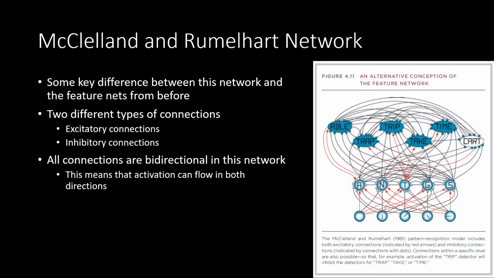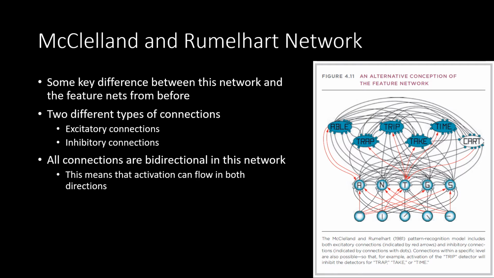An excitatory connection works much like the connections in feature nets. Here, if activation in a node reaches threshold, it passes on its activation to the nodes to which it's connected, and those nodes receive an increase in their activation levels. Thus, one node excites another node.